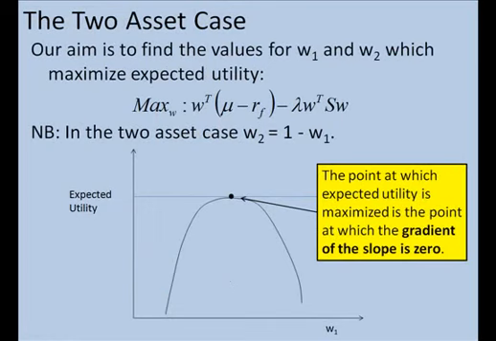We want to maximize utility. How do we do that? We do that by changing the values that we invest in each asset. In the two-asset case, we've got the amount we invest in asset 1 and the amount we invest in asset 2.